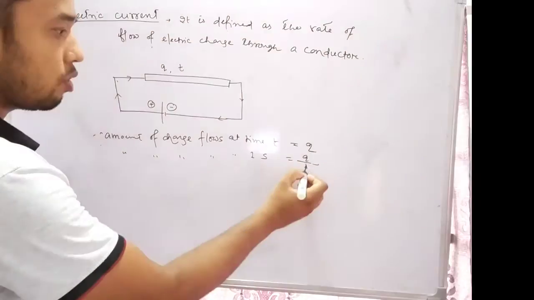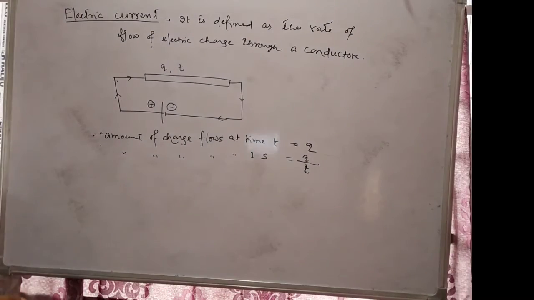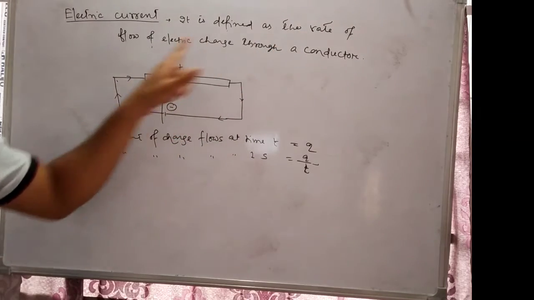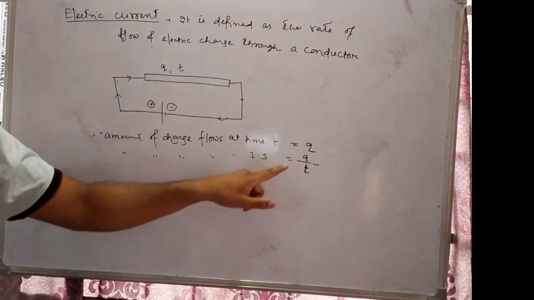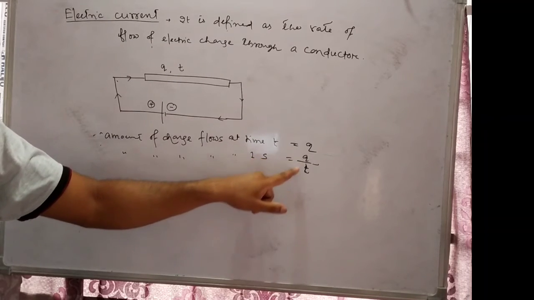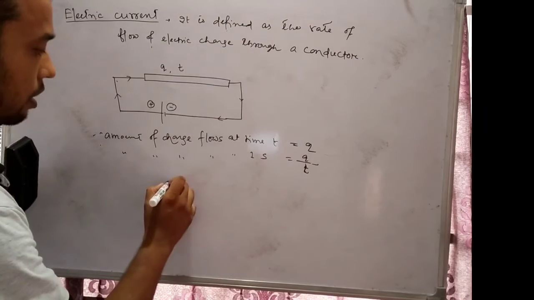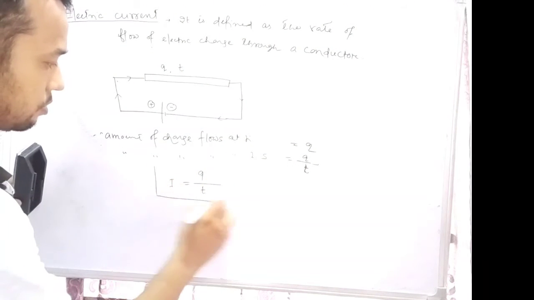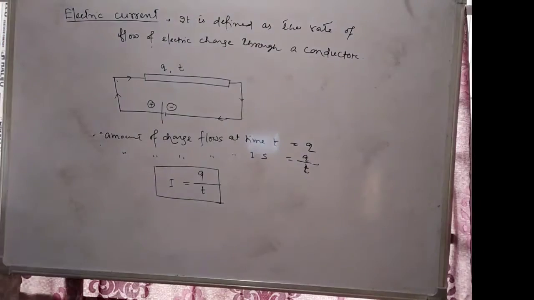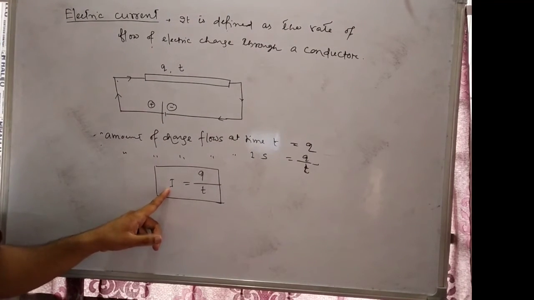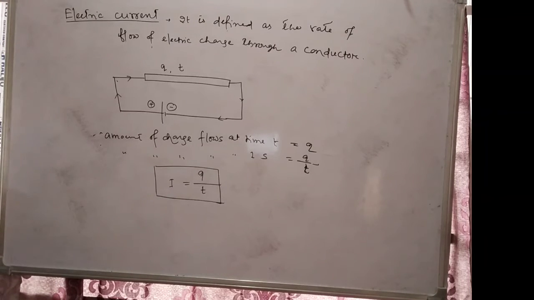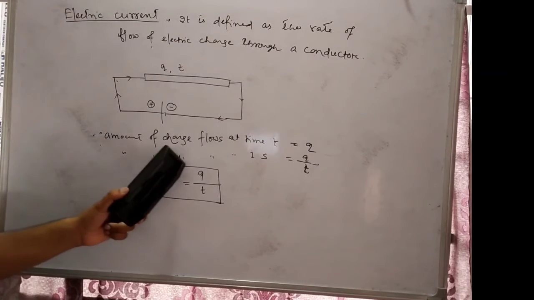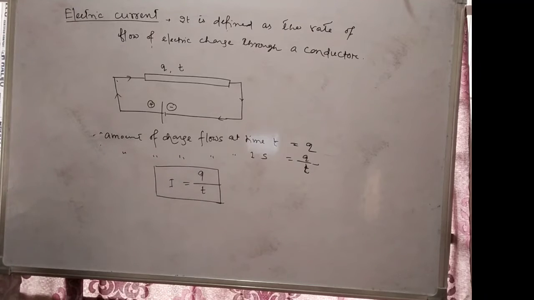So that is the rate of flow of charge. That means how much charge flows in 1 second, that is called rate of flow of electric charge, and that is equal to q by t, that means charge by time, and that is our electric current, I equals q by t. So that is the formula of electric current, current represented by capital I. Remember, electric current equals electric charge divided by time.